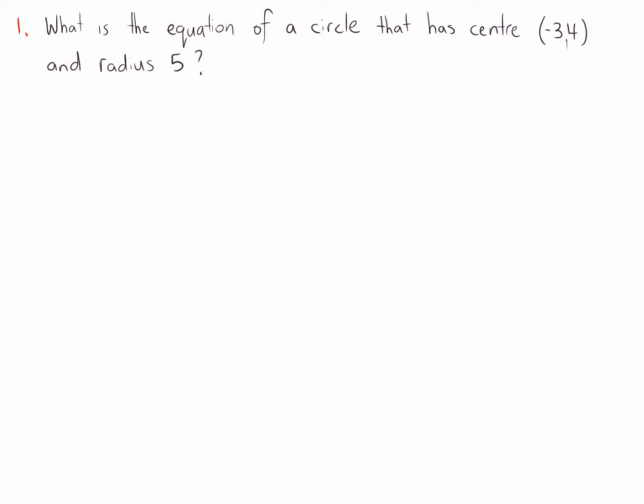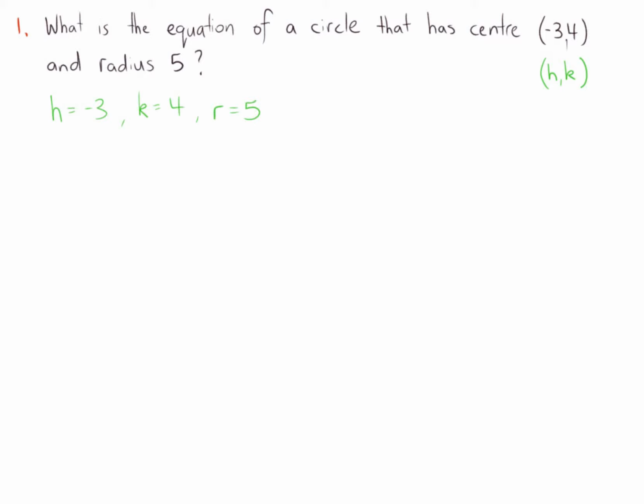First, let's have a look at the centre, (-3, 4). In the equation we just came up with, the centre was represented by (h, k). So, by comparing values, we can see that h is equal to -3 and k is equal to 4. What about the radius? Well, the question tells us the radius is equal to 5.